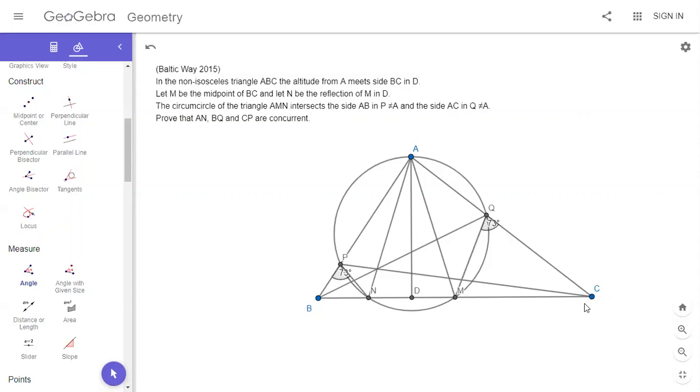So I wonder how we can use that. Feels like it has to have a way to use it. Maybe these are similar. I'd be very surprised. Yeah, because they're not parallel.